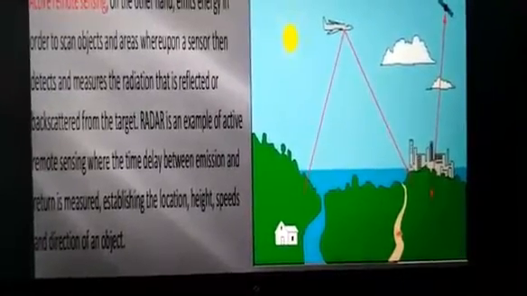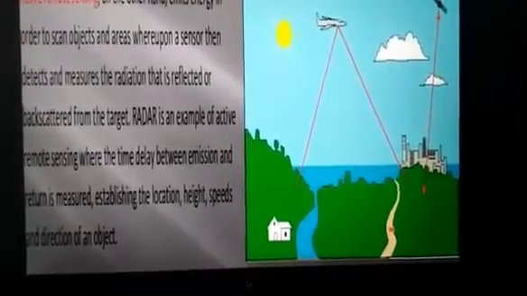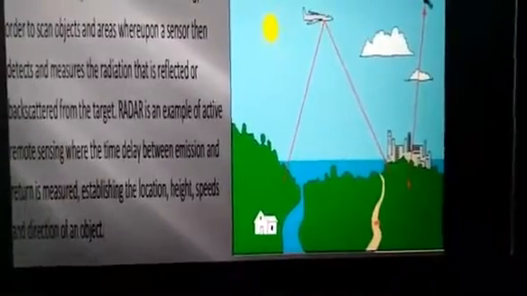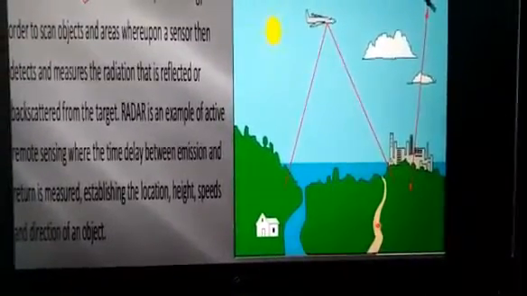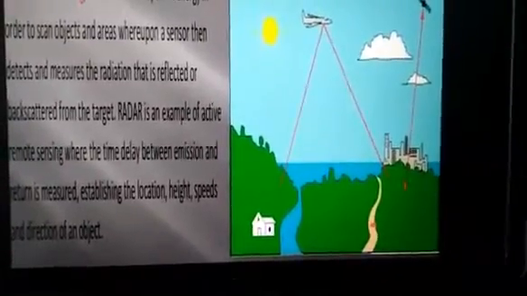A radar is an example of active remote sensing, where the time delay between emission and return is measured, establishing the location, height, speed, and also direction of the object.